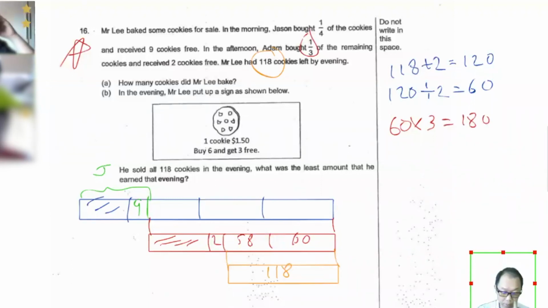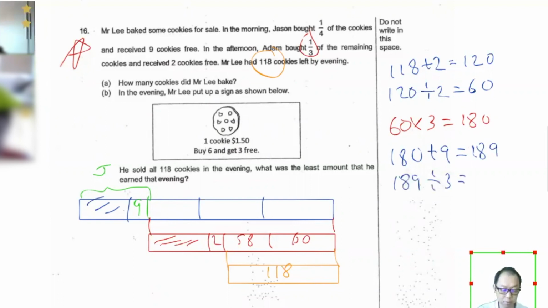Then 180, now we go to blue. 180 plus 9 equals 189. And 189 divided by 3 will give us 63. So one box here is 63.